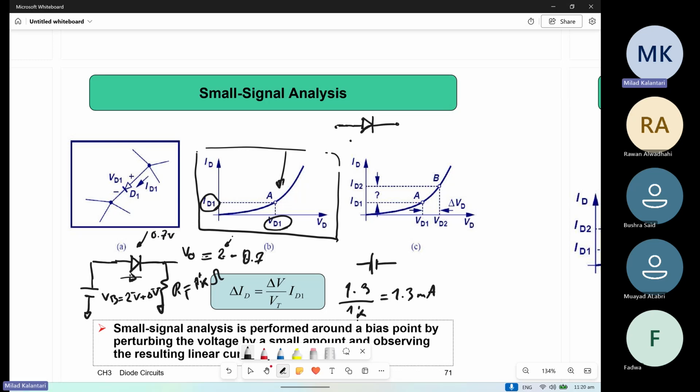Because once we increase the input voltage, the current of the diode increases, and then the diode voltage is really increasing, not remaining 0.7. It's not changing too much, but it's still changing. It's not very ideal, depending on the accuracy you want. If you want to be more accurate, the diode voltage is not fixed. Yes.